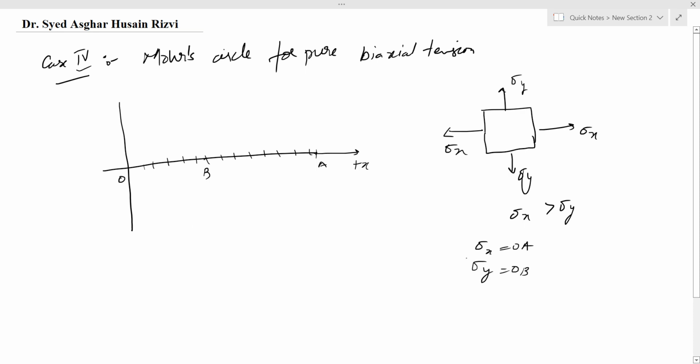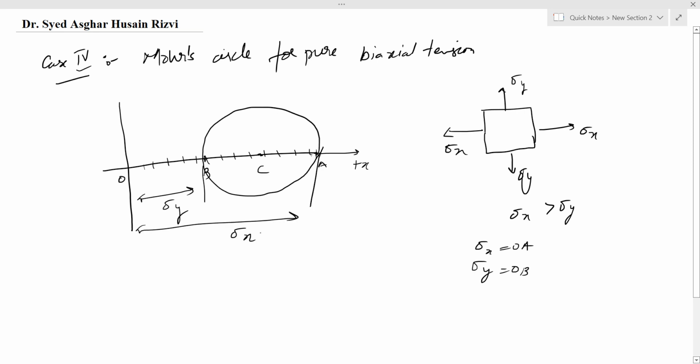Since sigma x is greater than sigma y, it will be more. Now we will mark the center of these 2 points A and B, and with CA or CB as radius, we'll draw a circle about point C. This will be the Mohr circle for pure biaxial tension. Here this value is sigma y and this value is sigma x.